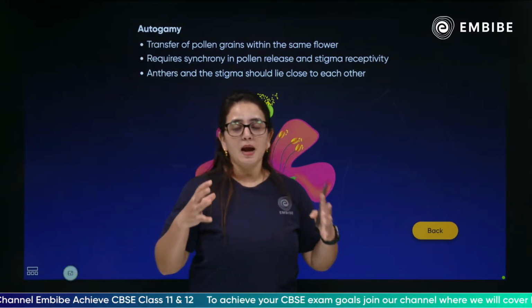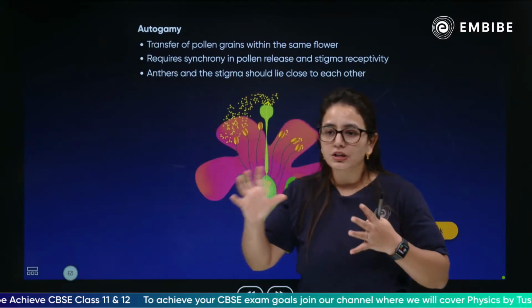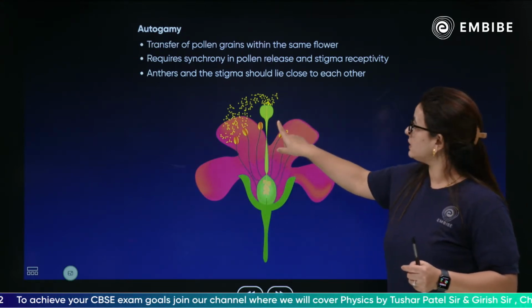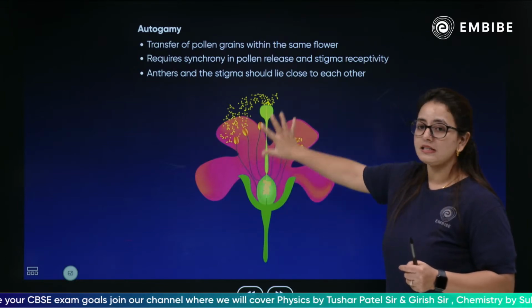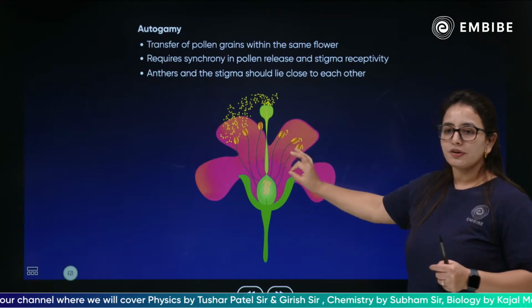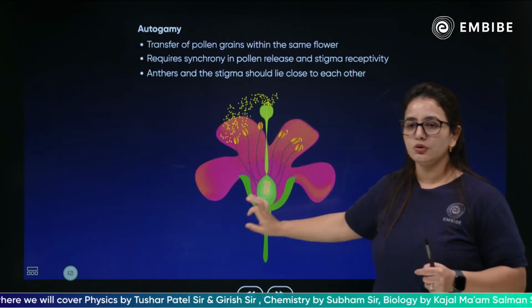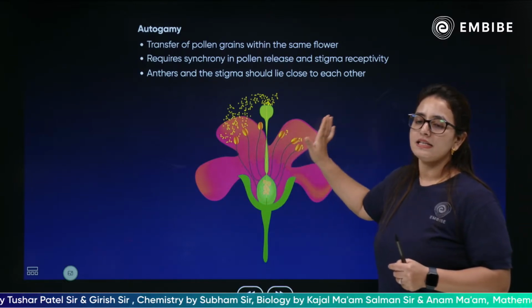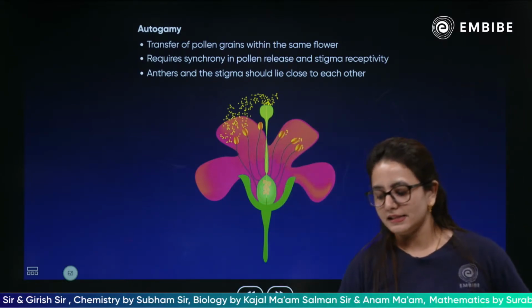There are plants, there are flowers which have both reproductive parts on the same flower. The anther and the stigma are on the same flower. When you transfer the pollen grains from the anther to the stigma of the same flower, that is what you call self-pollination.